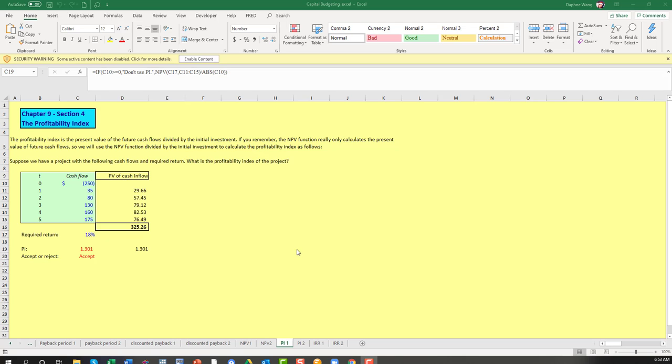This is the Western European project using the PI technique. So we have all the cash flow, and we're trying to find the present value of each future cash flow. The discount rate is 18%. And you can use a preset function in Excel to solve for the PI.